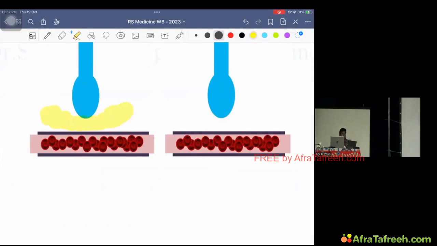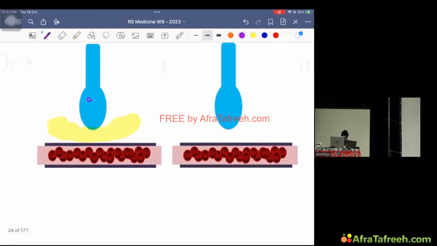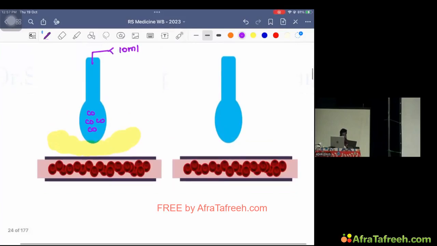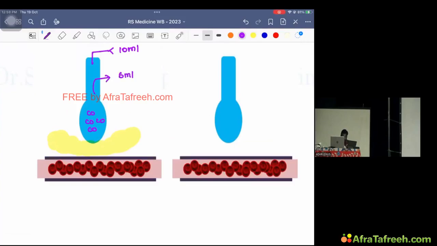Imagine there is another condition where there is fibrosis. Because of the fibrosis, the epithelium is intact, the interstitium is affected, the endothelium is normal. The carbon monoxide cannot cross the barrier to enter the RBC normally. If I give 10 ml, the carbon monoxide binds with the RBCs, and the remaining carbon monoxide expelled out is going to be 6 ml.